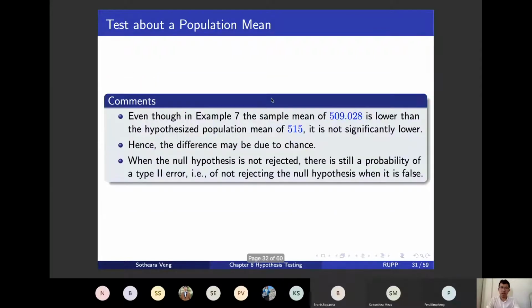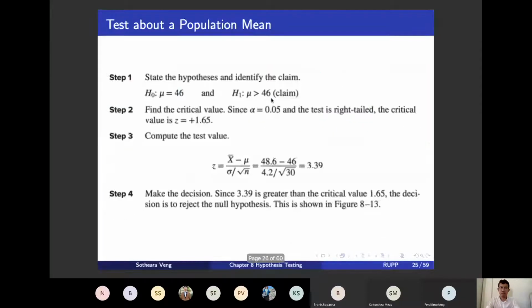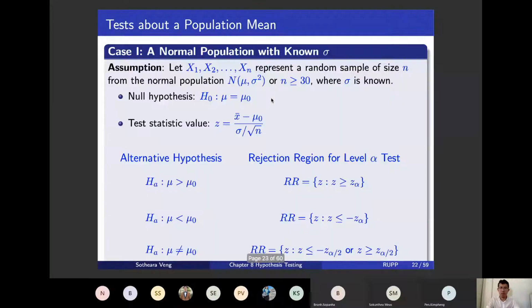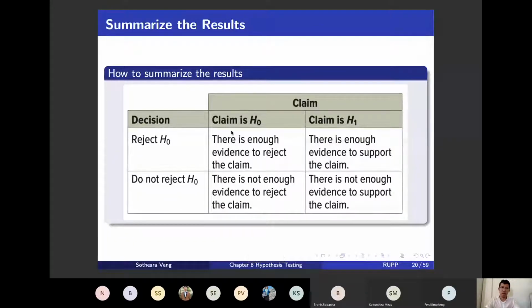Type 1 error is, okay, let's review a little bit here. This is just your claim. We have two kinds of hypothesis, H0, which we call the null hypothesis, and H1, the alternative hypothesis.